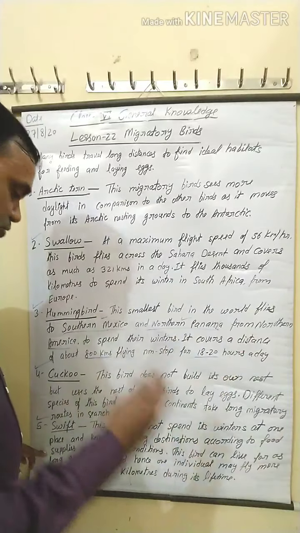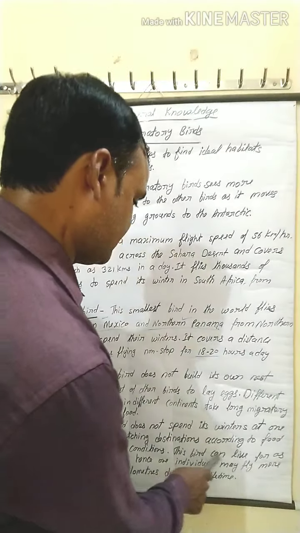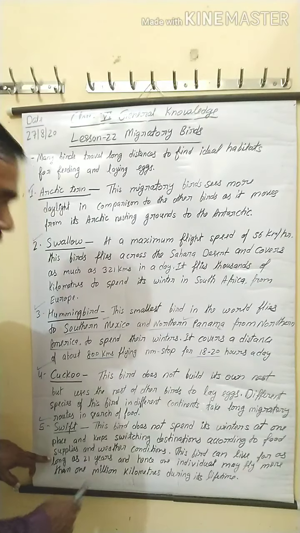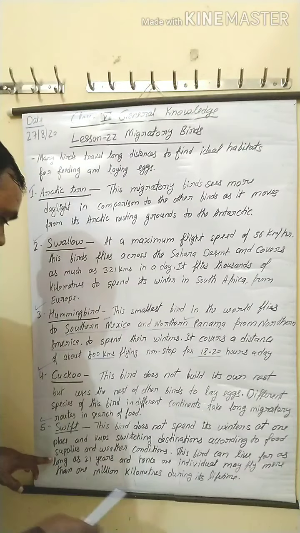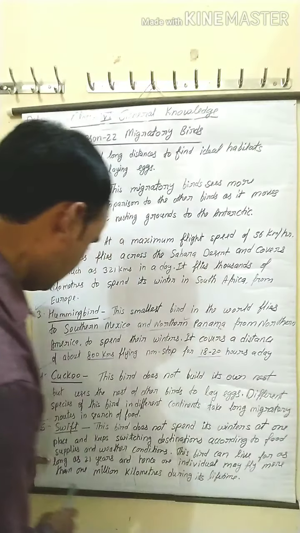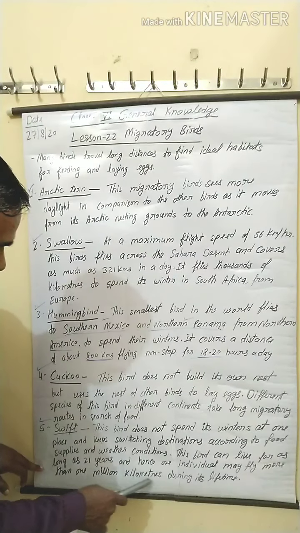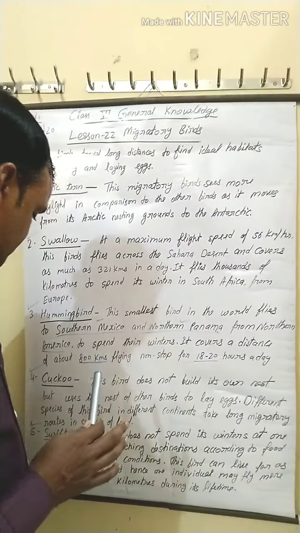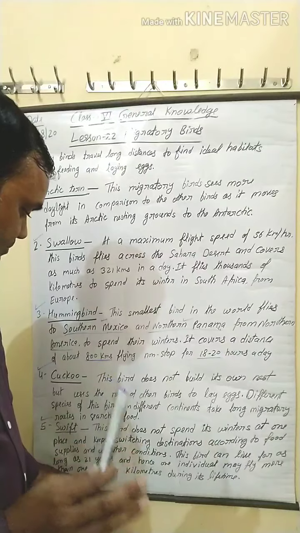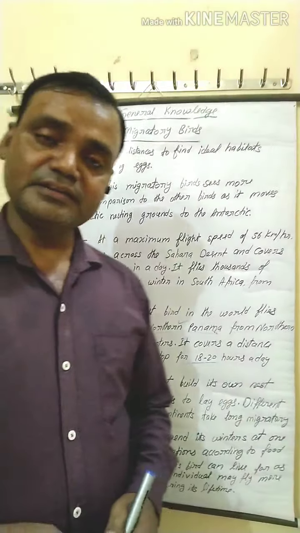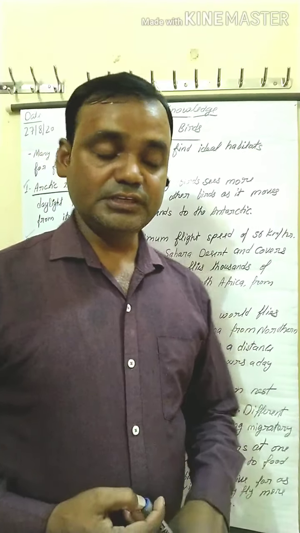This bird can live for as long as 21 years, and hence one individual may fly more than 1 million kilometers during its lifetime. So these are the migratory birds.